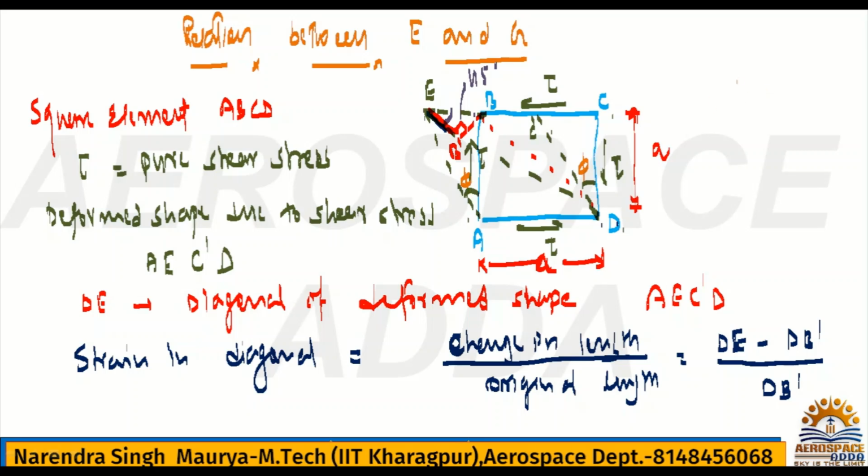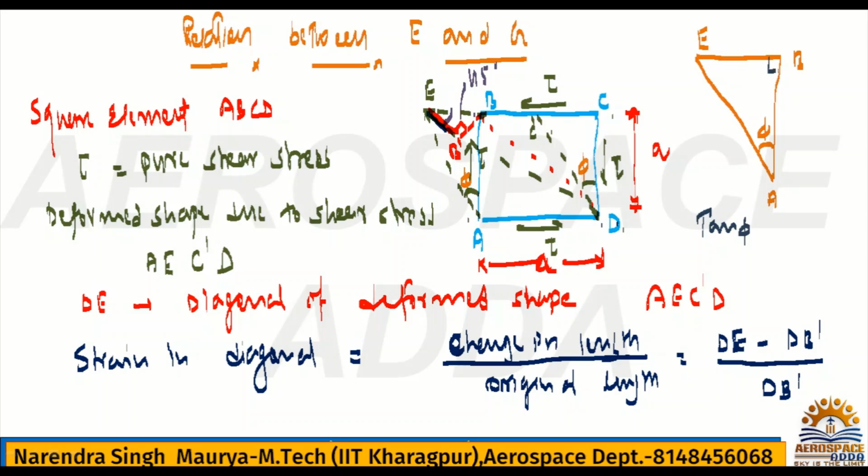Now if I check what is the tan phi, we have one complete triangle. You just focus on this, then you will understand. See, this is nothing but A, this is B, and this is E. Now coming to this angle, as I said, this is phi. So what is the tan phi?